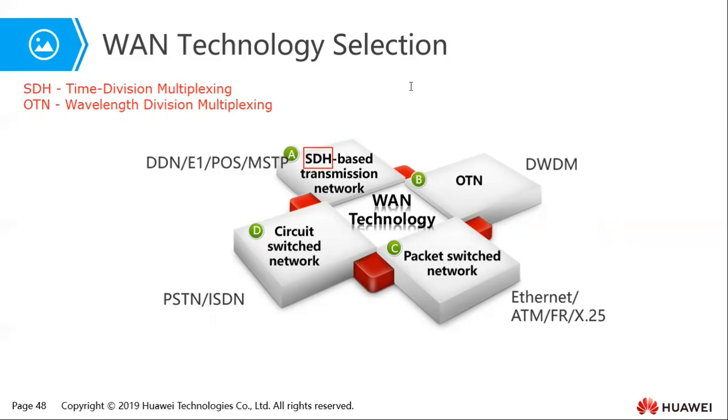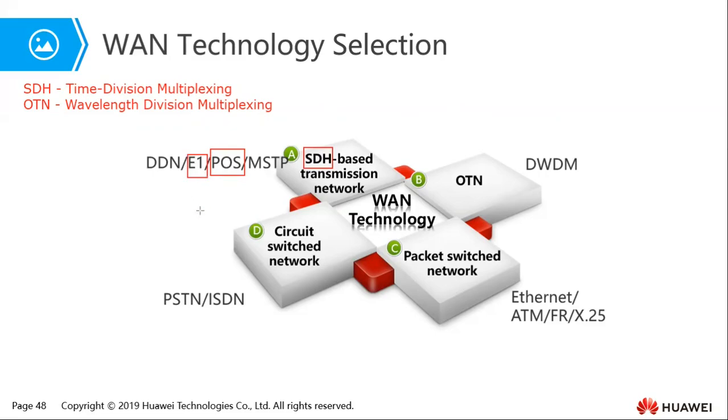So SDH, most of the time when you're connecting via SDH, then the interface on your router that you're going to use is, for example, a POS or an Ethernet.